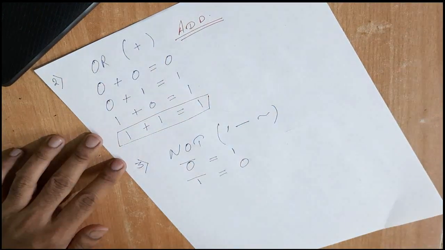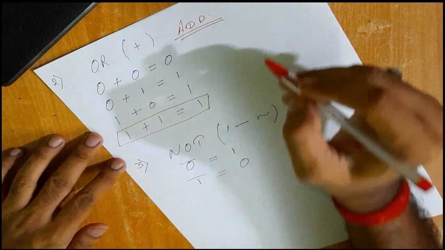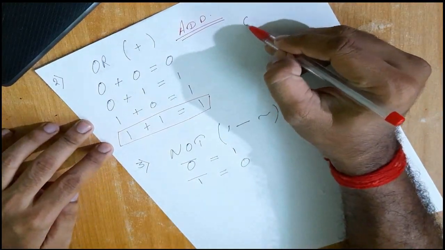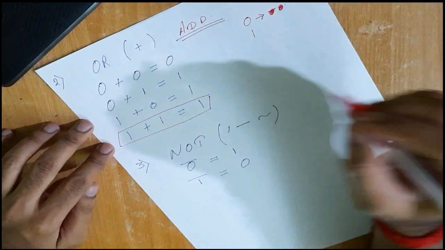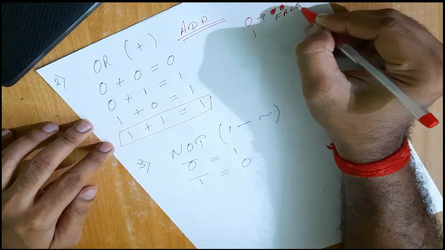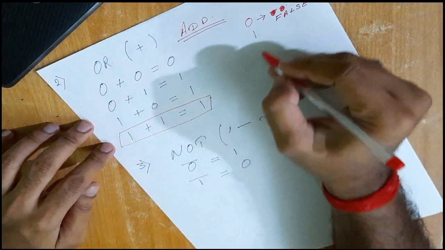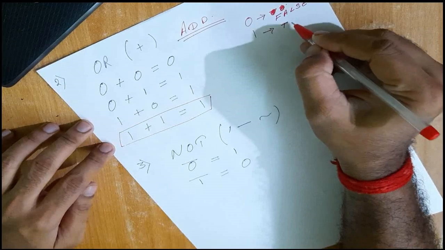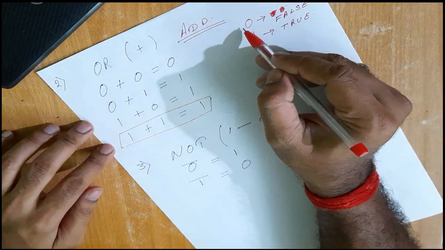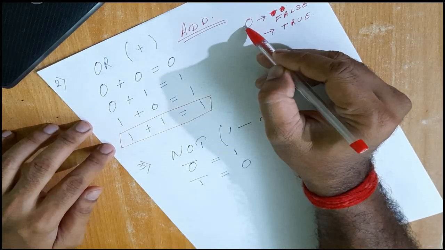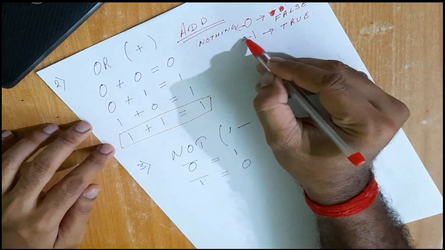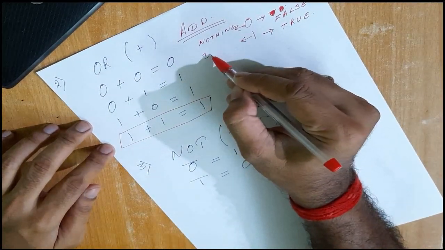How? Now let's see. As I have stated, Boolean algebra is the algebra of 0 and 1, where 0 stands for false, 1 stands for true, or we can say 0 means nothing and 1 means something.